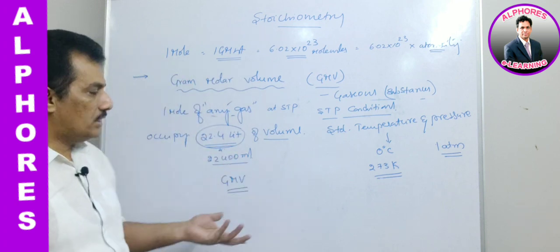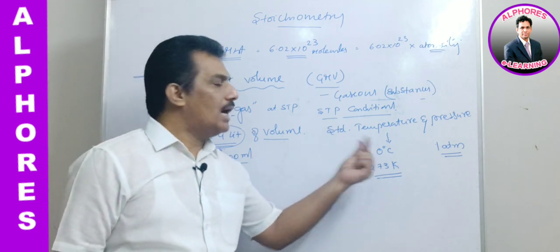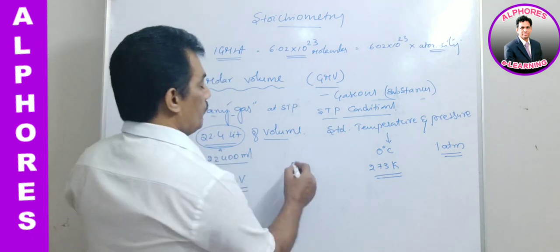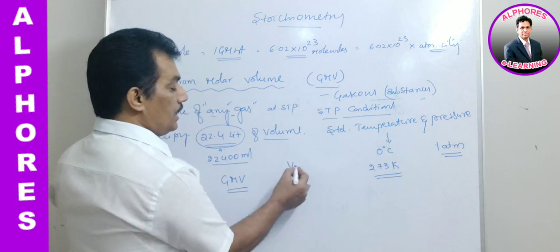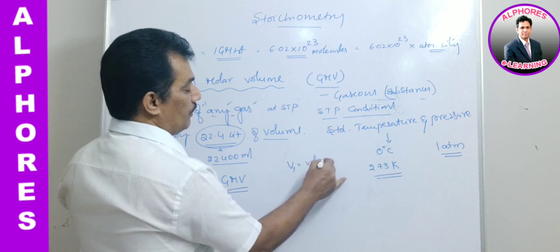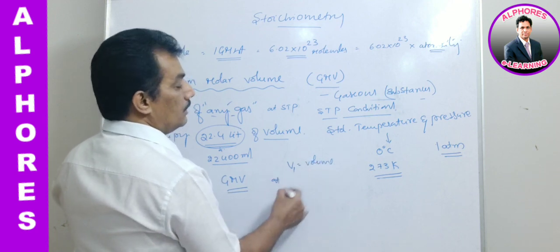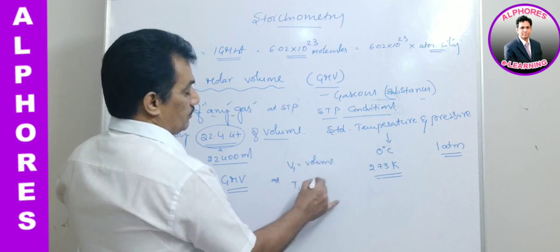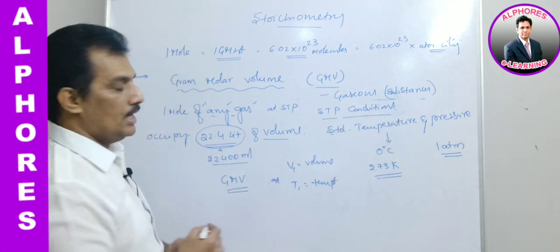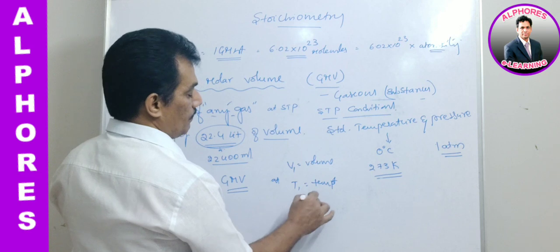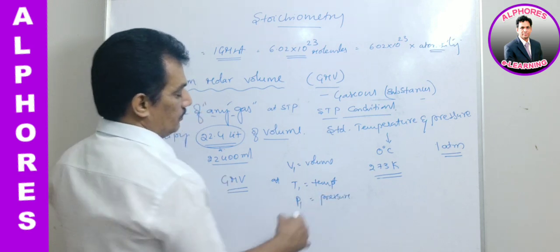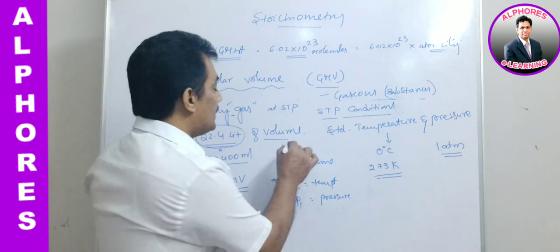And now you may ask, sir, if it is given at other than STP conditions, what to do? Just remember, if V1 is the volume given at T1 temperature, which is other than STP condition, and the pressure is P1, which is other than 1 atmosphere, so it is other conditions.